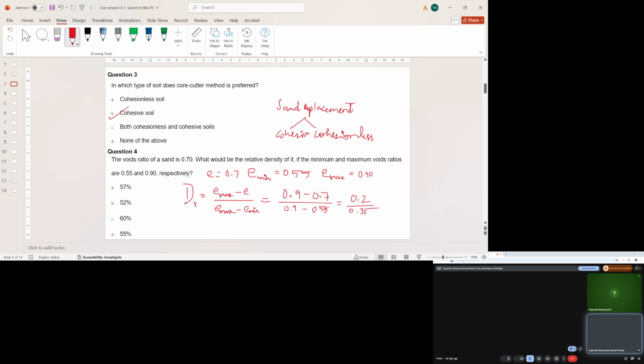So now calculating this, 0.2 divided by 0.35, it's almost 57 percent. It comes to around 57.14, which can be approximated as 57 percent.